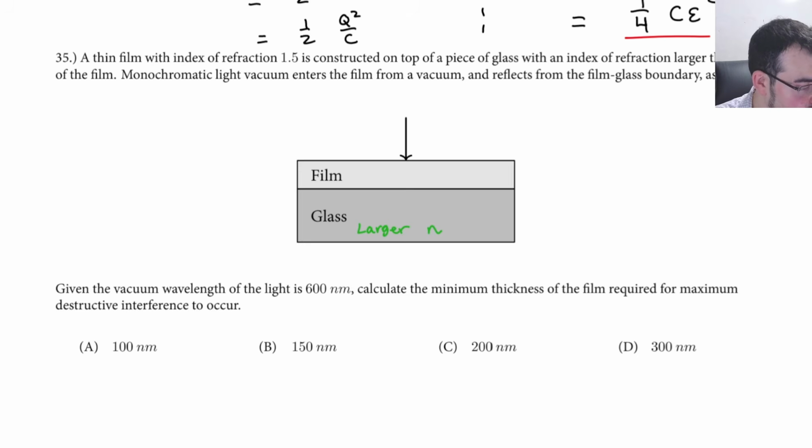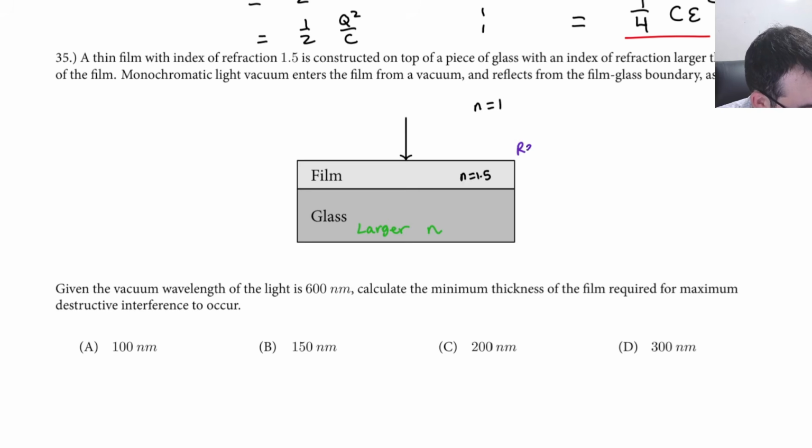Well, anytime you enter a medium with a higher refractive index, you get a phase change. Again, think about that as like when you slam against a wall, you bounce off, and that bouncing reverses your phase. So anytime you go from high to low, and this is a vacuum, so this is n equals 1, this is n equals 1.5, and this is larger than that.